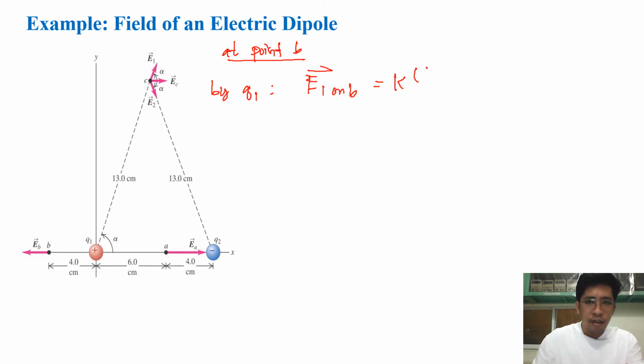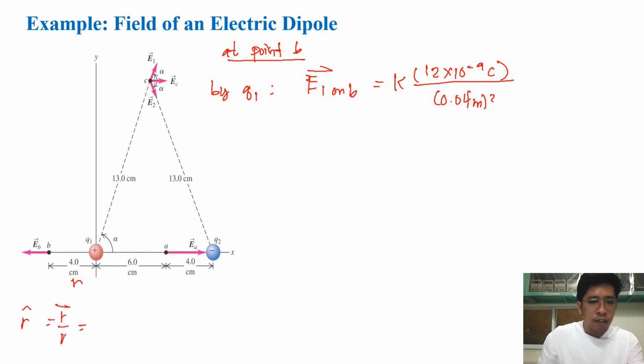So you have 12 times 10 to the negative 9 coulombs divided by your R, which is 0.04 meters, squared. And it's easy to see that your R hat, which is equal to your vector R over R, is 0.04 meters negative I hat over 0.04 meters, so you have negative I hat.